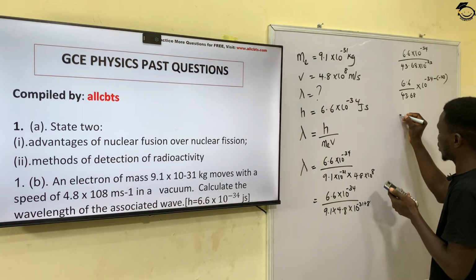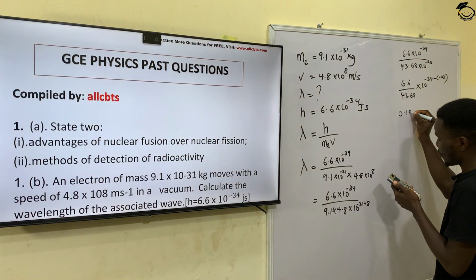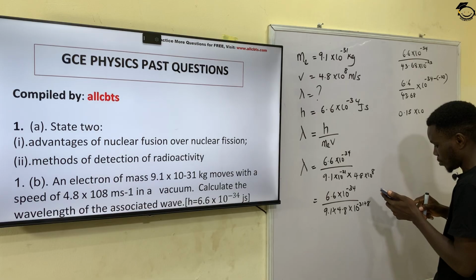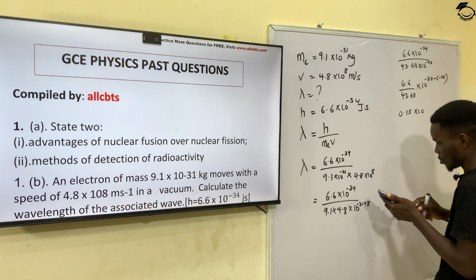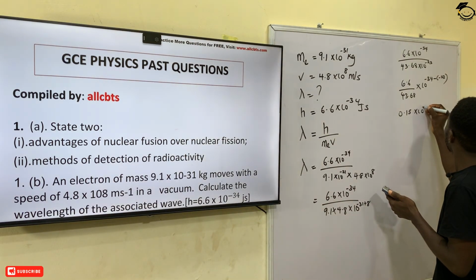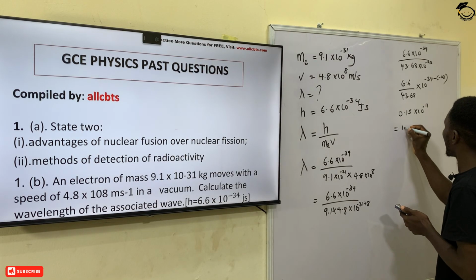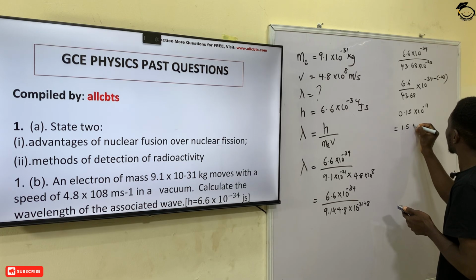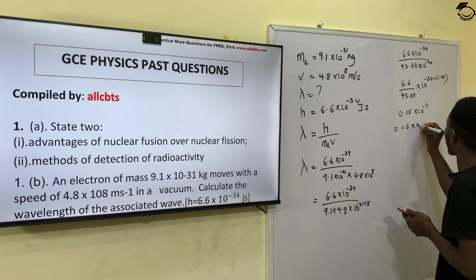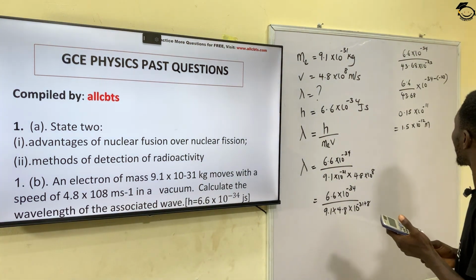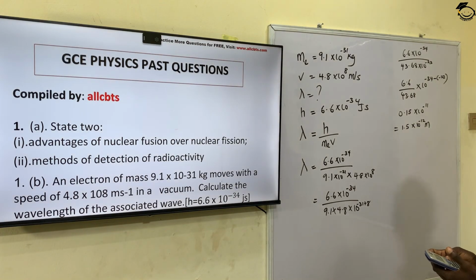So this will give me 0.15 times 10 raised to the power minus 11, which is 1.5 times 10 raised to the power minus 12 meters.